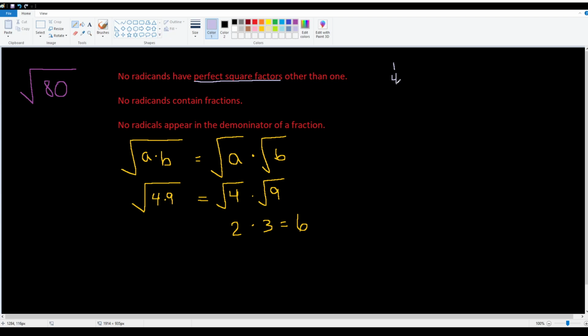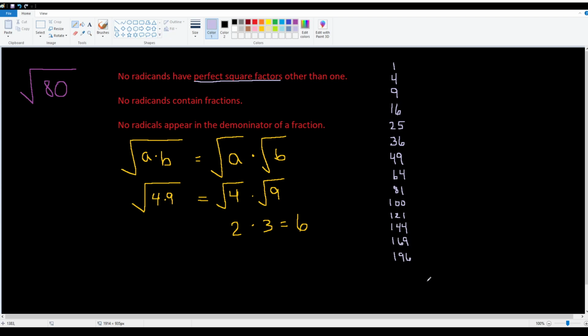Then we have 4, 9, 16, 25, 36, 49, 64, 81, 100, 121, 144, 169, 196.